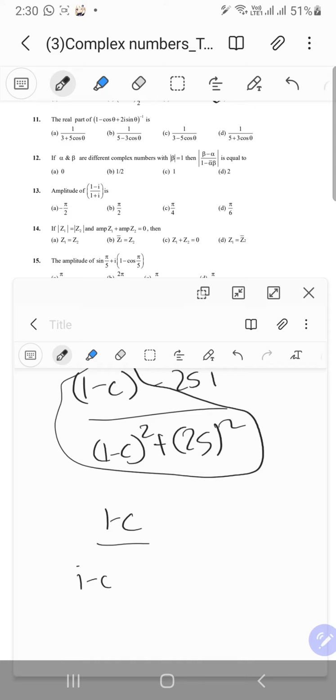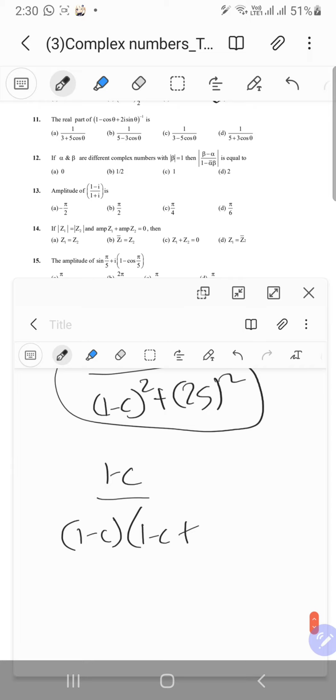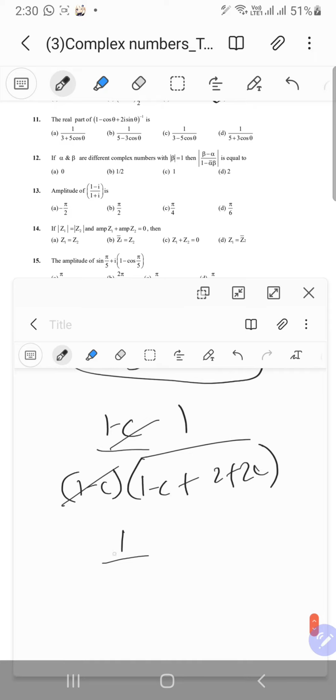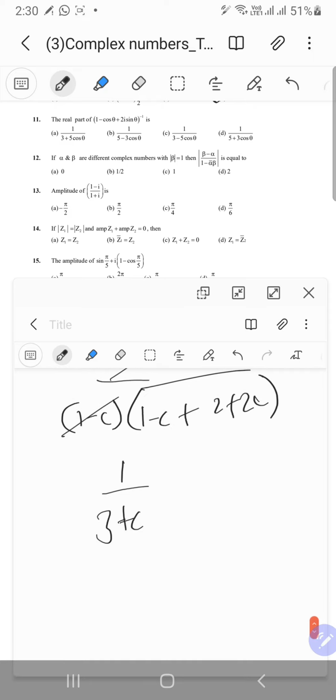We can take 1 minus c common, so 1 minus c plus 2 s squared, and s squared is just 1 minus c squared, so 1 minus c into 1 plus c, so it's going to be 2 into 1 plus c, which is 2 plus 2c over there, cancels. Just got this as the real part, so 1 upon 3 plus c as the real part.